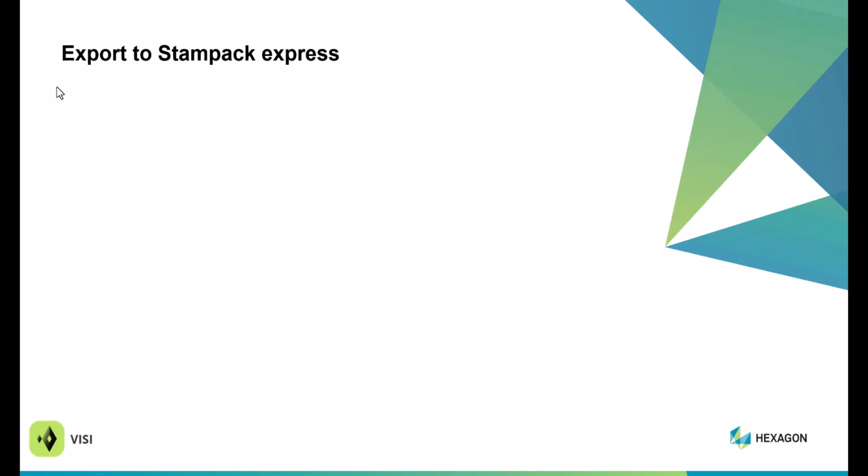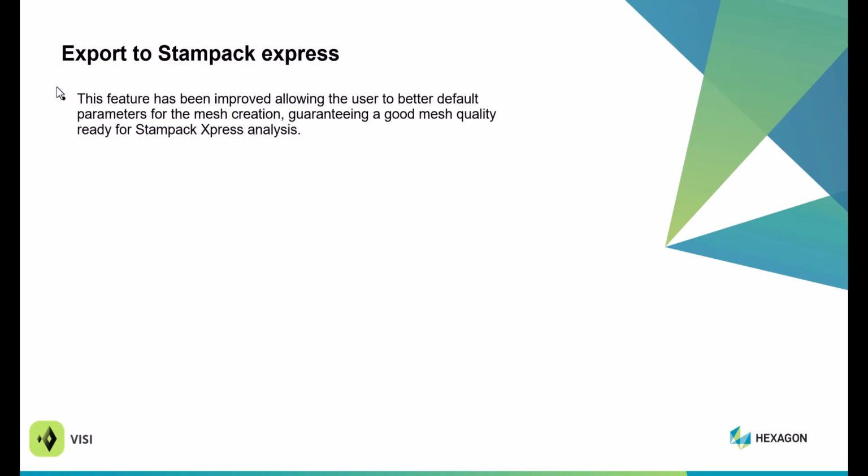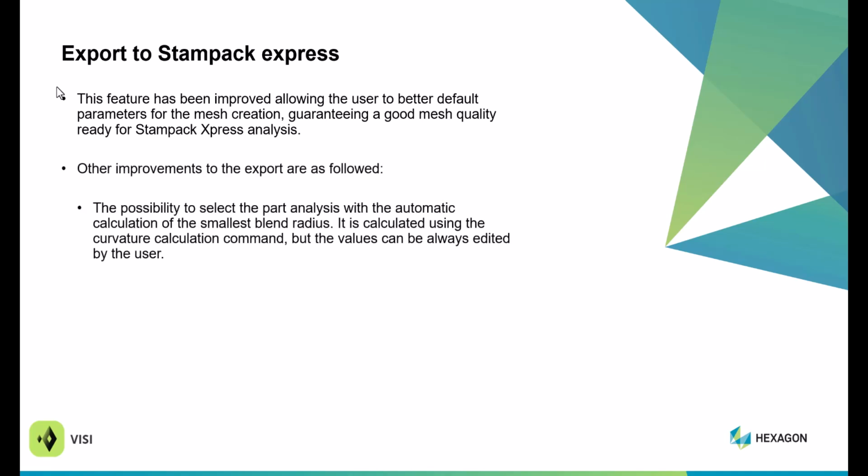The export to Stampak Express has been changed as well. This feature has been improved, allowing the user better defaults for parameters for the mesh creation, generating a good mesh quality ready for Stampak Express analysis. Other improvements include the possibility to select the part analysis and calculate for small blend radiuses. It calculates using the curvature calculation command, but the value can be easily edited by the user.